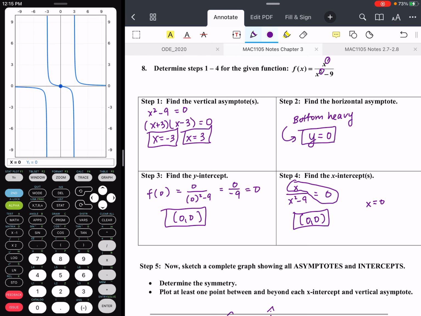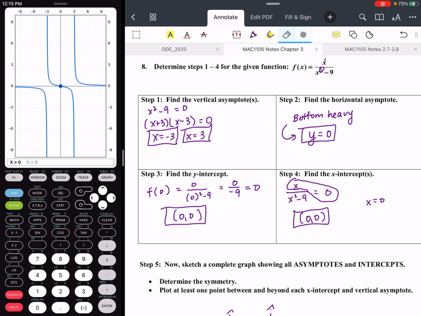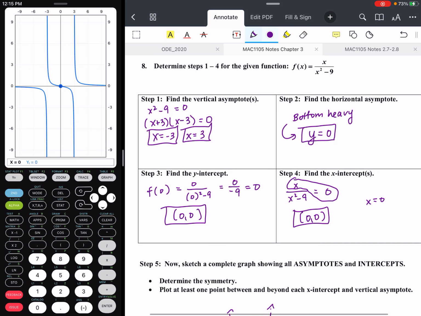So remember our function is f of x equals x over x squared minus 9. So for f of negative x, F of negative x equals negative x over negative x squared, in parentheses, minus 9, which gives me negative x over positive x squared minus 9.